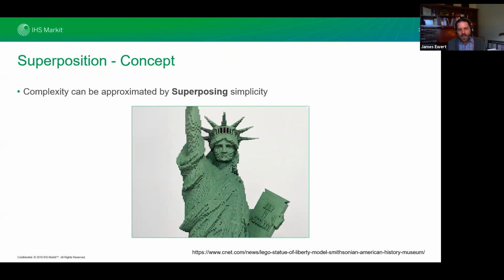So this was a Statue of Liberty. This isn't exactly the same one that I saw, but there was a number of different statues that I've seen in various places around North America where people have built amazingly complex statues by taking a small block and superposing it on top of each other.